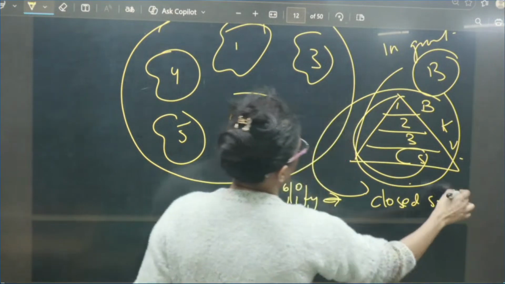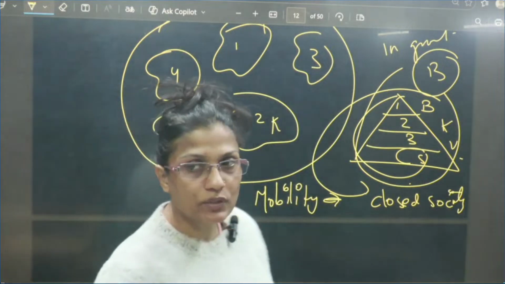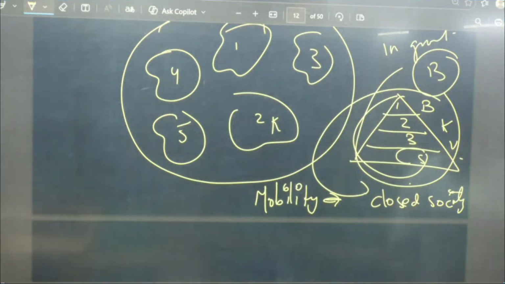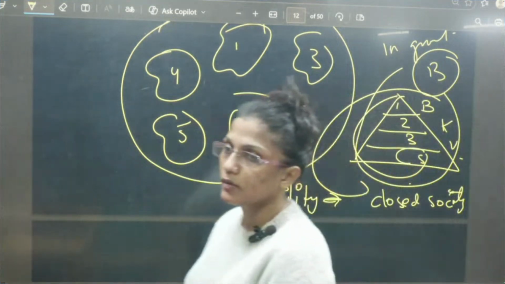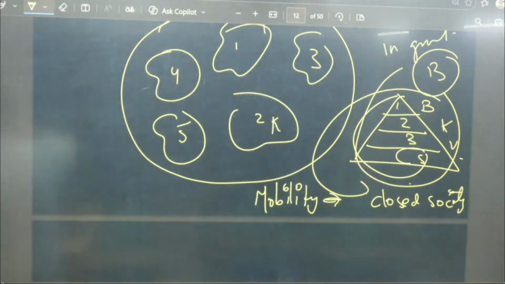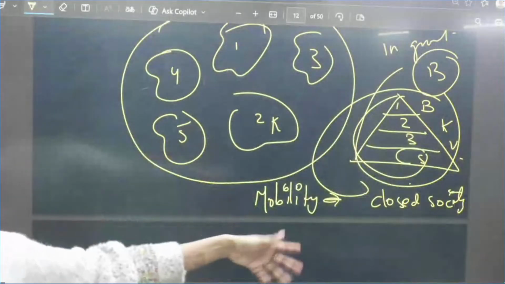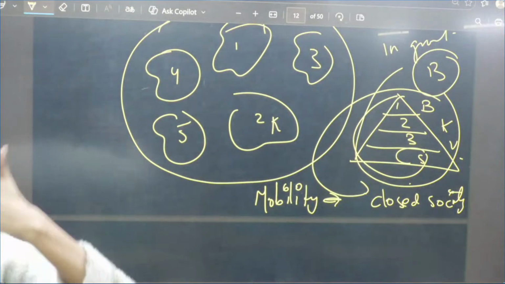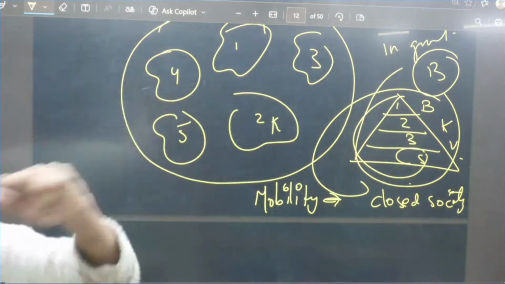Unlike caste society, class society is open. लिखो जल्दी जल्दी. Here, mobility is restricted. Shudras cannot become Brahmin. Brahmin cannot become Shudras.